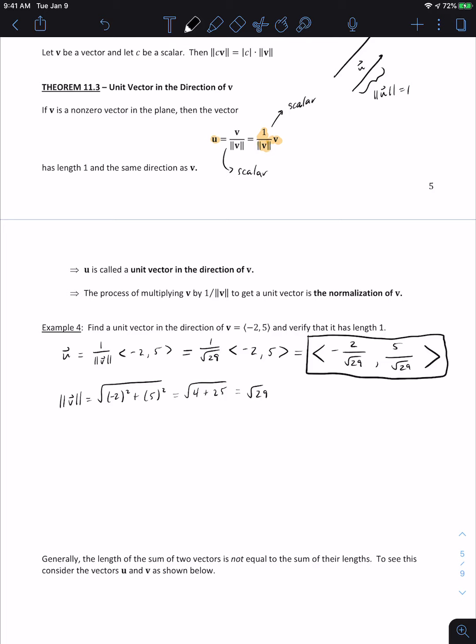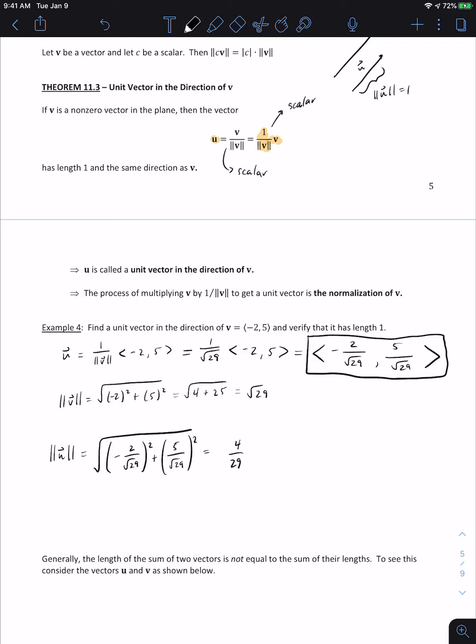Okay, and then we want to verify that it has length 1. So we want to verify that the magnitude of u, which is that guy that we just found, is equal to 1. So that magnitude, remember, is the first component squared plus the second component squared underneath the square root. So the first component is -2 over radical 29 squared plus 5 over radical 29 squared, all underneath the square root. So that is going to give me positive 4 over 29, right?